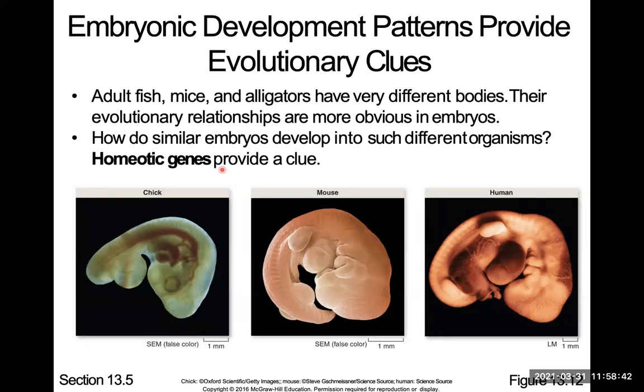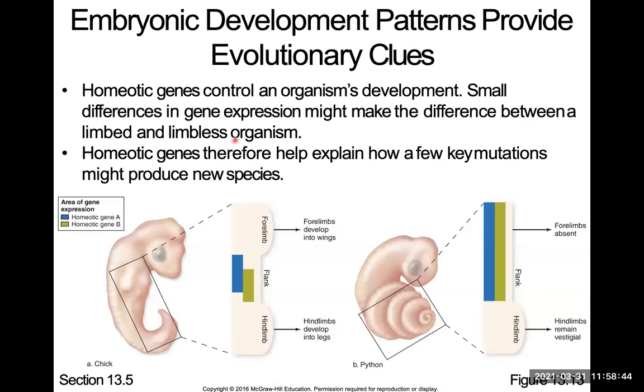Those are homeotic genes. So homeotic genes control the development. Small differences in gene expression might make the difference between a limbed and limbless organism. So just maybe there's a one amino acid difference, and that might give you limbs for one animal and no limbs for the other. So these are key genes.